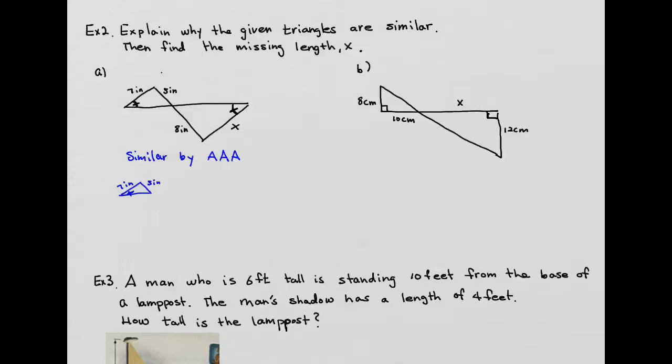And this is the vertical side, right? So I'm going to draw the same thing for the larger triangle. And this is going to be the same side, and this is going to be vertical.